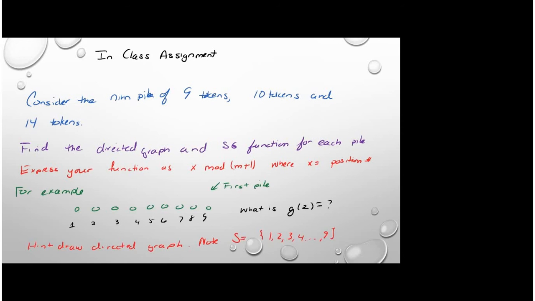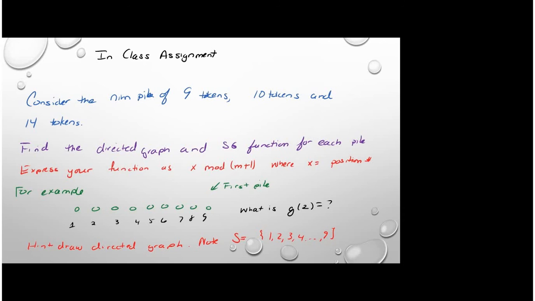So the first thing I'd like you to do is, we've done this before. Let's look at the nim game where we have a multi-pile nim. We have 9 tokens, 10 tokens, and 14 tokens. I'd like you to find the directed graph and the Sprague-Grundy function for each pile.